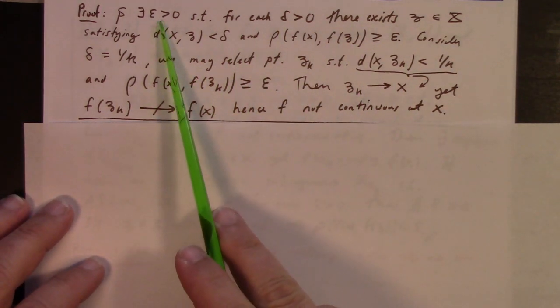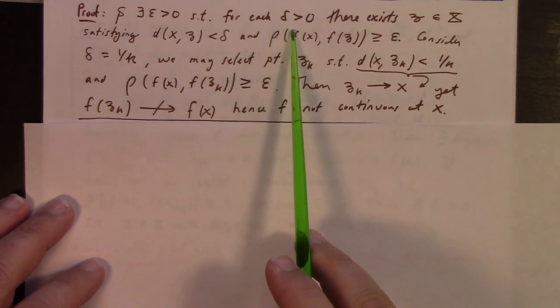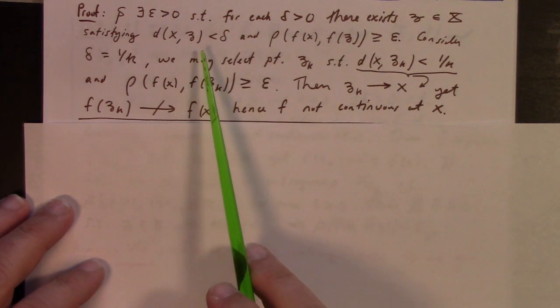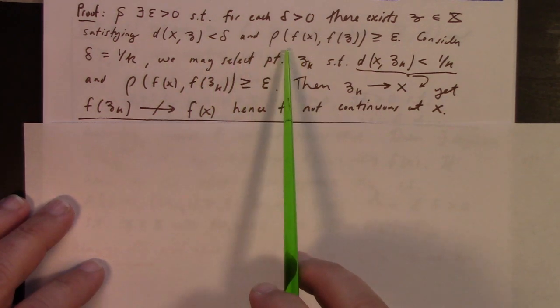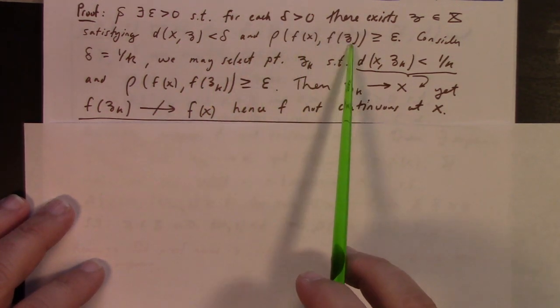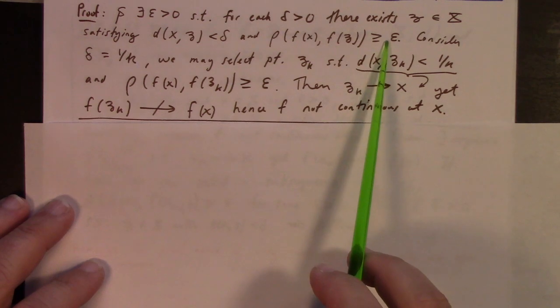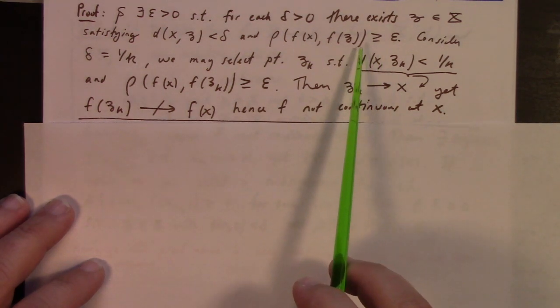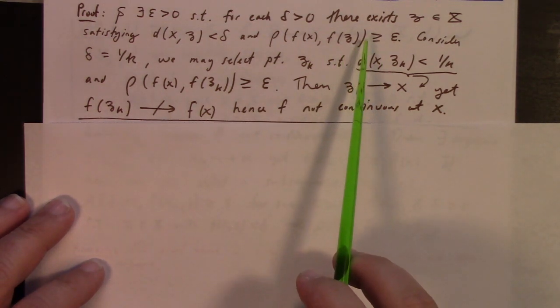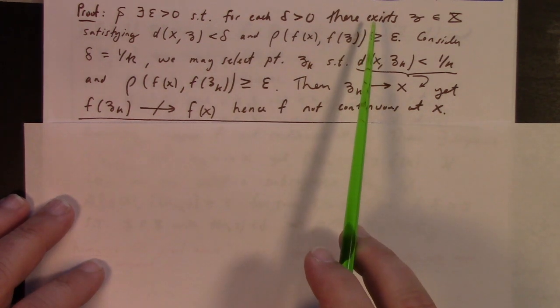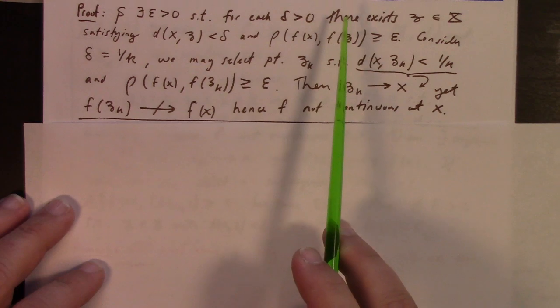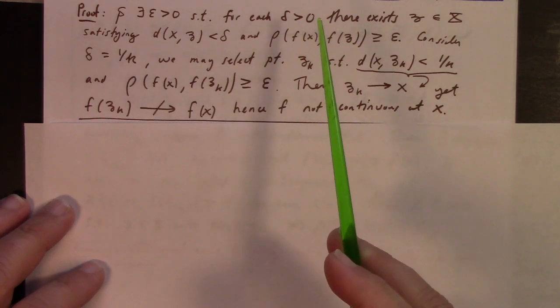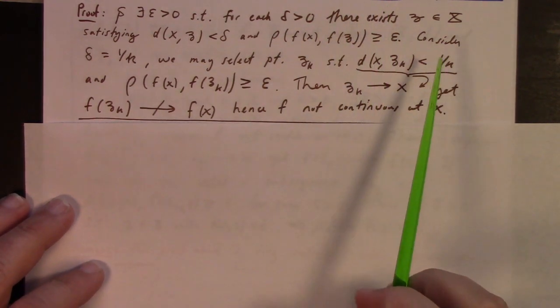So suppose there exists an epsilon greater than 0 such that for each delta there is a z within delta units of x, and yet the distance from f of x and f of z is larger than or equal to epsilon, right? In other words, we're violating the criteria of the Epsilon-Delta characterization of continuity at the point.